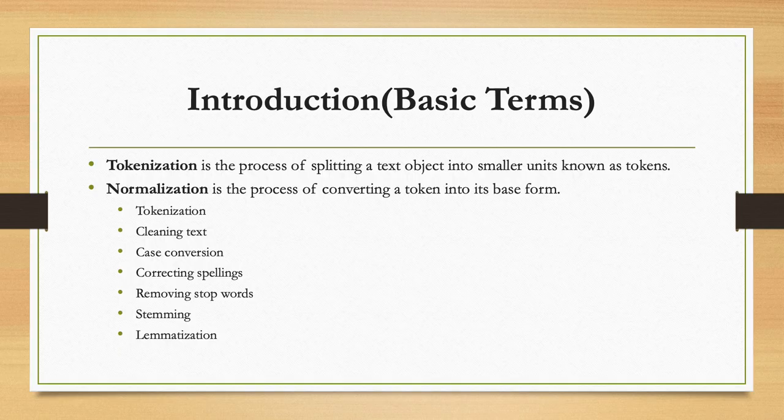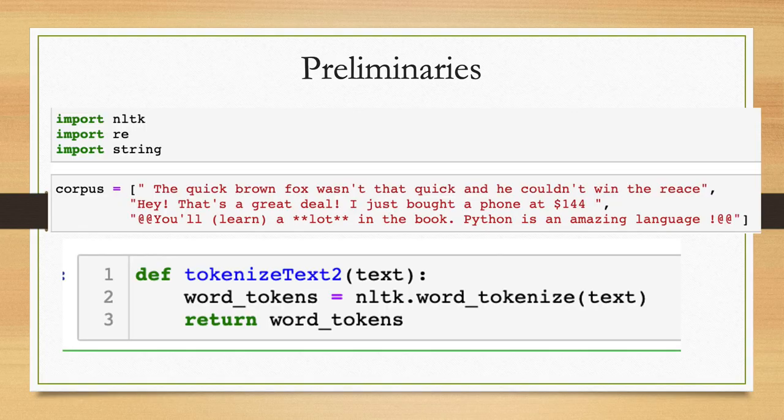There's also the cleaning of text, and the case conversion, which is very easy with a given function. We'll also correct spellings, remove stop words, and discuss stemming and lemmatization. Everything under the processing of text, or what we call tokenization, belongs to what we call natural language processing.